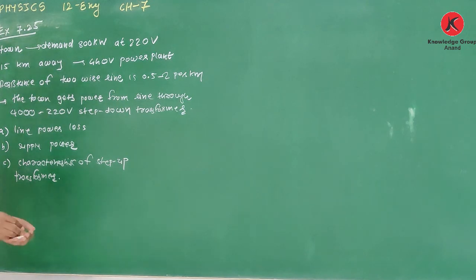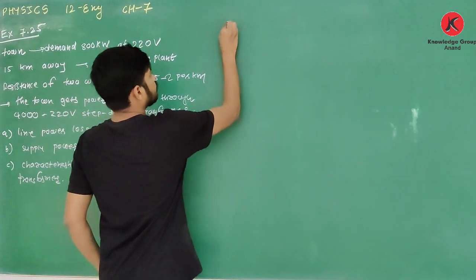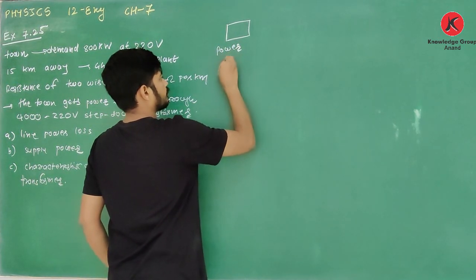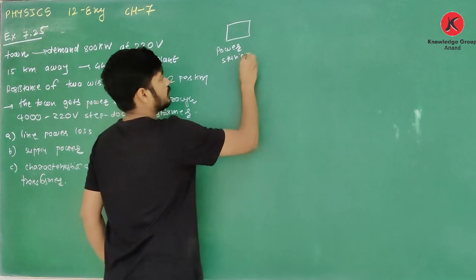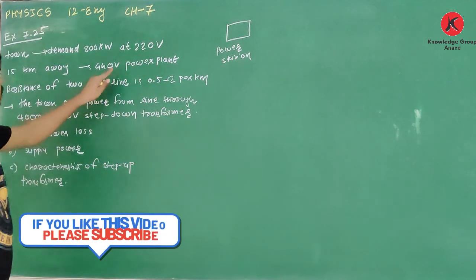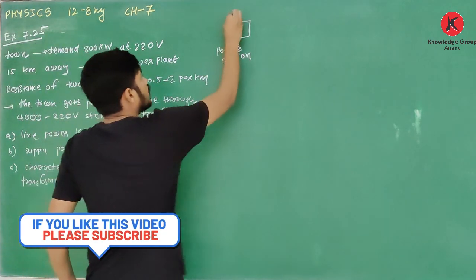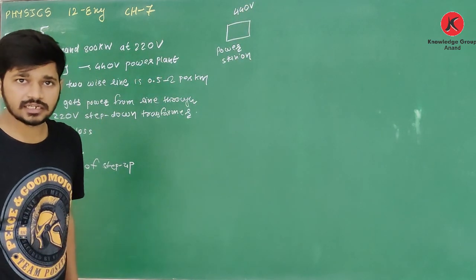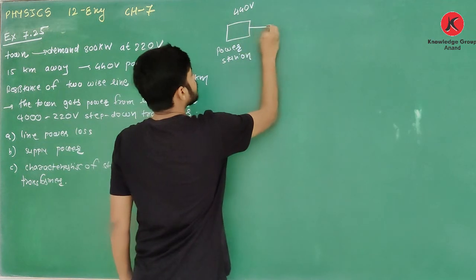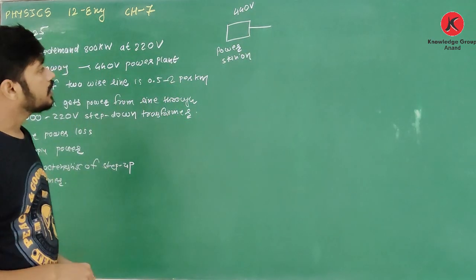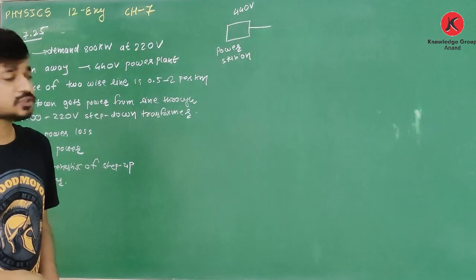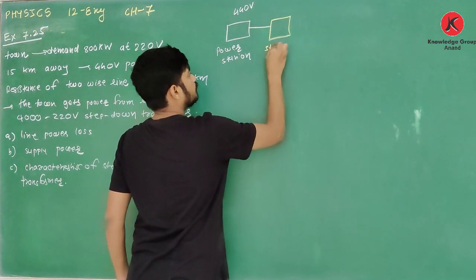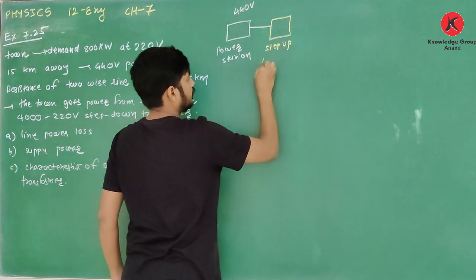First of all, I will draw the diagram. It is a power station, for example. At the power station, 440 volt electrical power is produced. Then we know that the electrical power produced from the power station, first of all, we have to increase this voltage with the help of a step up transformer.